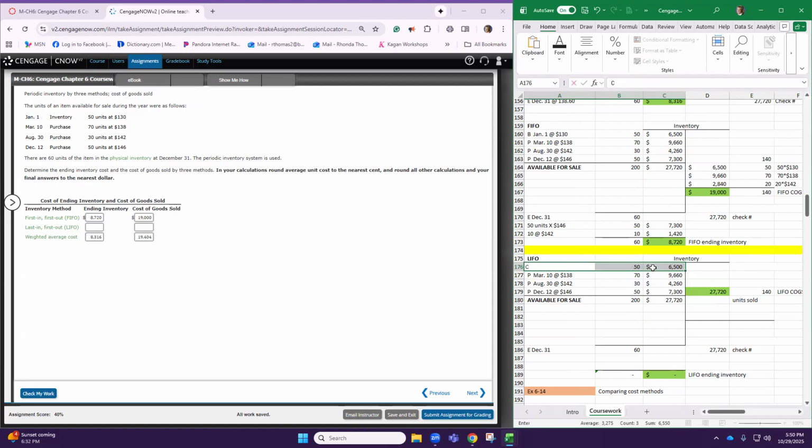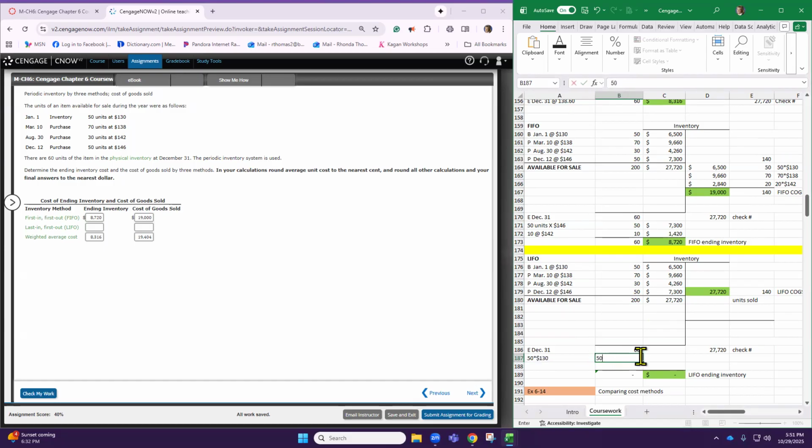Let's copy this and bring it down. No, I'm just going to put it in here. All right, so we're going to take 50 units times the oldest cost, $130, times $130 each.